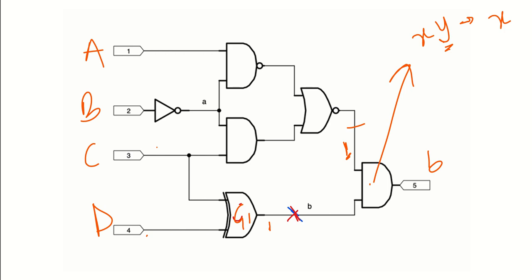Now what we have to do is propagate backwards so that we can see the test vectors at the various points. In order to do that, let's take a look at the gates backwards. The gate here, let me call it G2, is a NOR gate, right? So it does something like x plus y, bar, not OR gate.